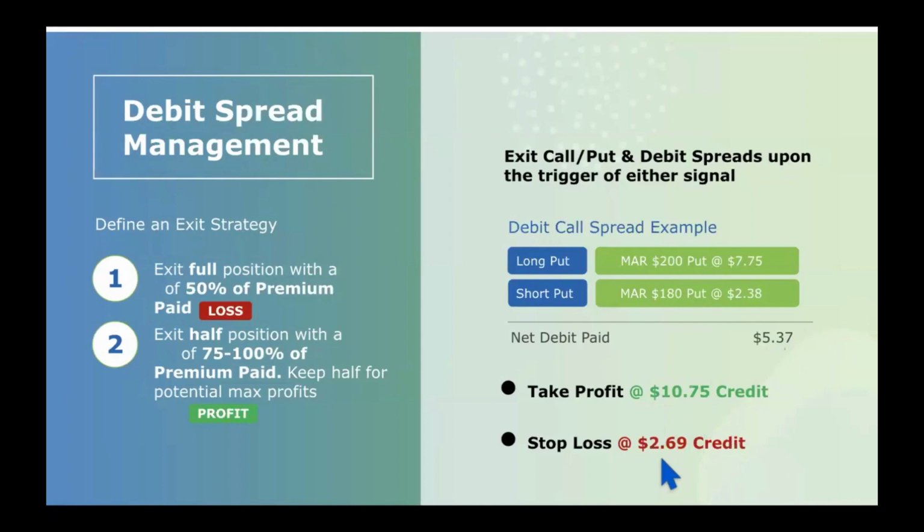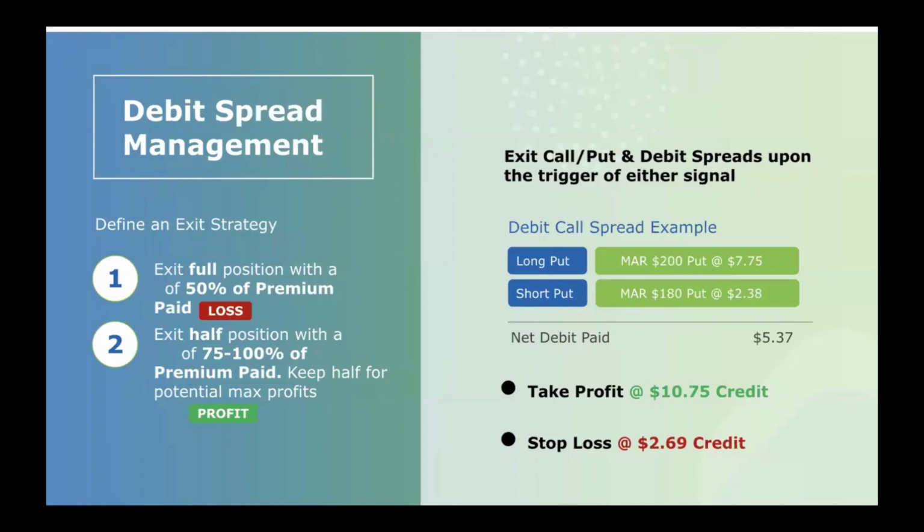So what we're doing here is we're setting up a scenario where we let our profits run and we cut our losses short, right? So we want to make at least 100%. Our goal would be to make 100% profit on the upside if we're correct on our forecast.